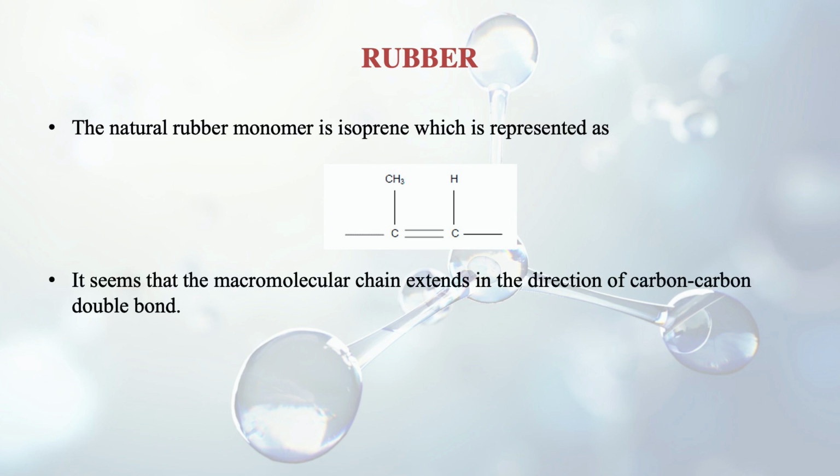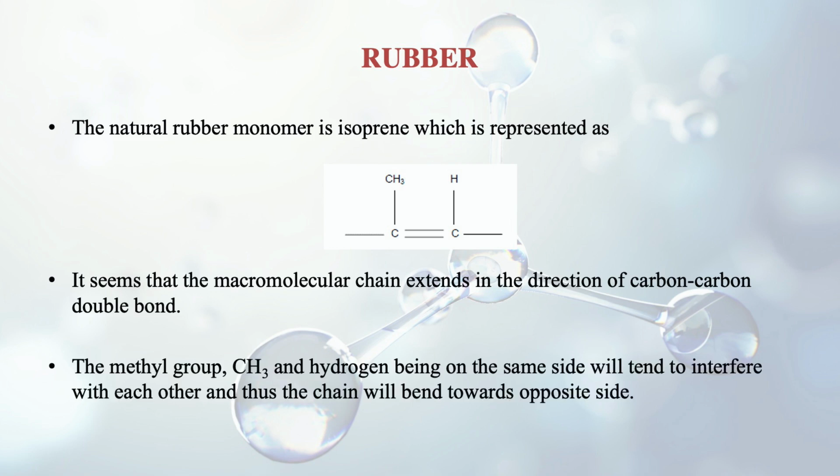The macromolecular chain extends in the direction of the carbon-carbon double bond. As I told you, this opens up. The methyl group CH3 and the hydrogen, as you see in the figure, are both on the same side. So they will interfere with each other, and due to this interference, the molecule will bend towards the opposite side.